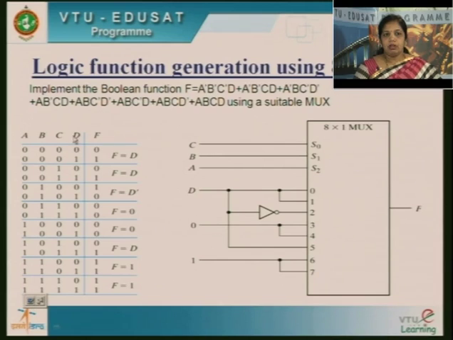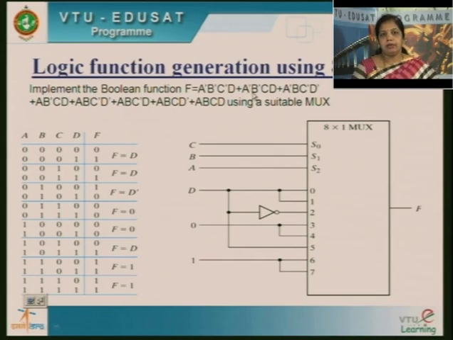I have taken all 16 combinations since we have 4 variables. You can just see here A complement, B complement, C complement and D. For that I am going to write logic 1. Wherever I am using these terms, I will be writing logic 1.